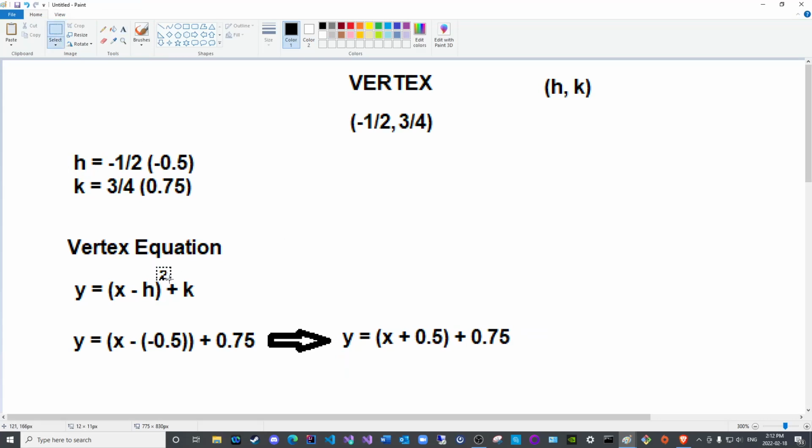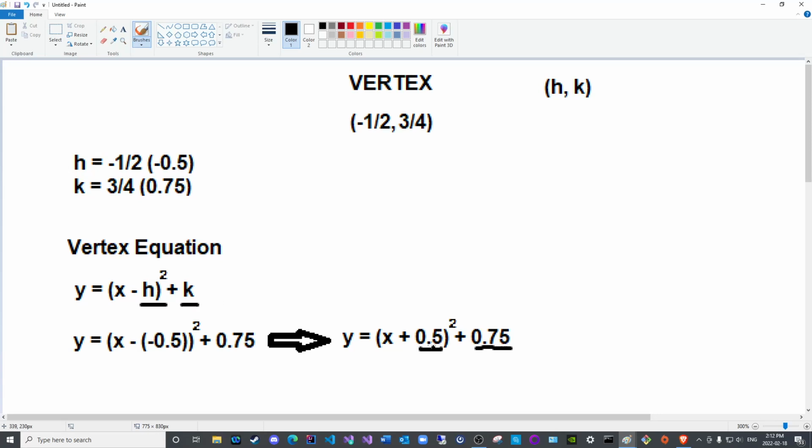As you have inferred, if you are presented with the equation in the vertex format, you can calculate the vertex immediately through the vertex format. You can simply take a look at this and take a look at this and compare it to the equation.